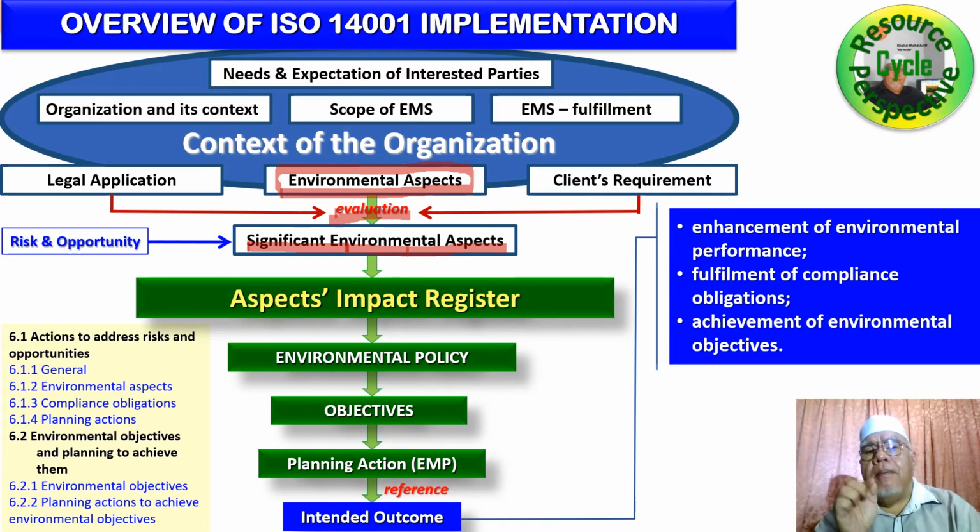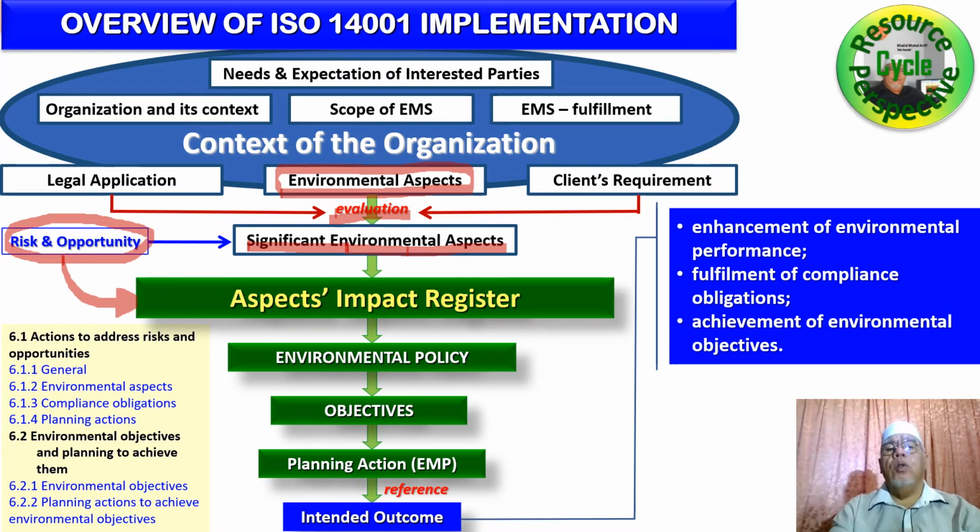That is managing environmental aspects for this organization. On top of that, based on the 2015 definition, we will incorporate risk and opportunity when we list down all these aspects in our aspects impact register, which I call the dashboard.